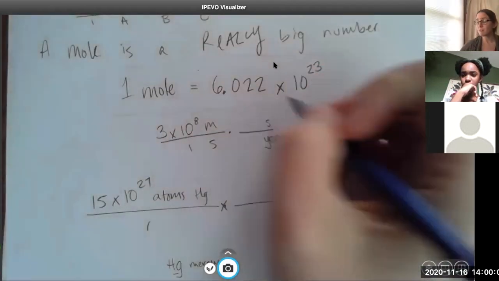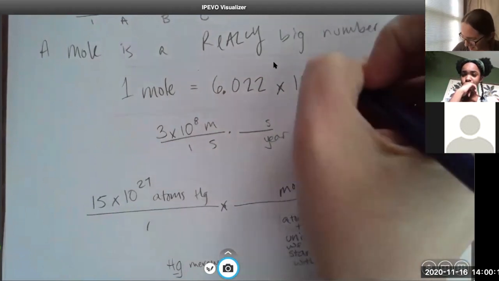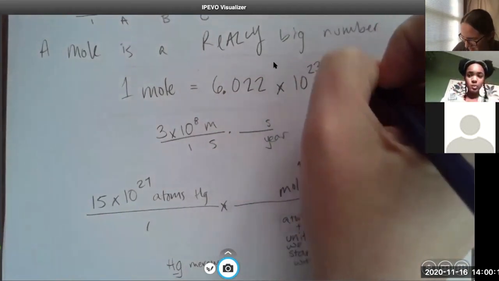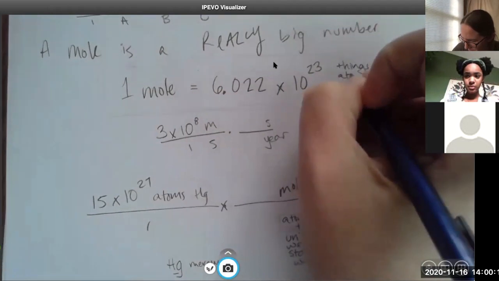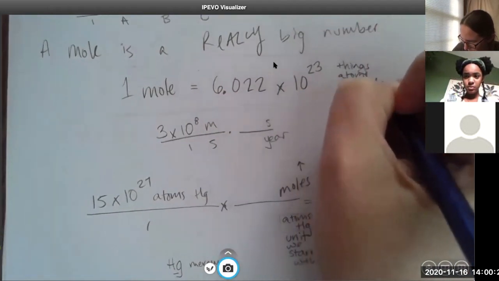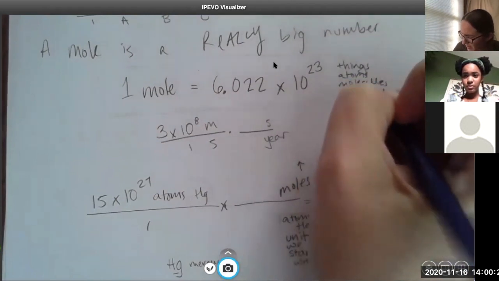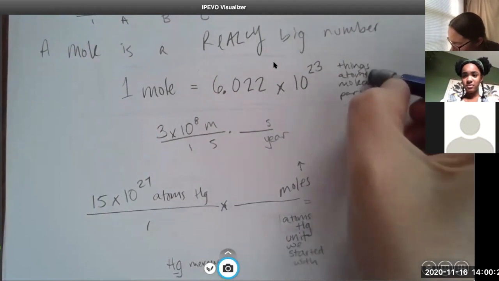The unit of this number could be things, atoms, molecules, particles. I think that's part of what's confusing about it.